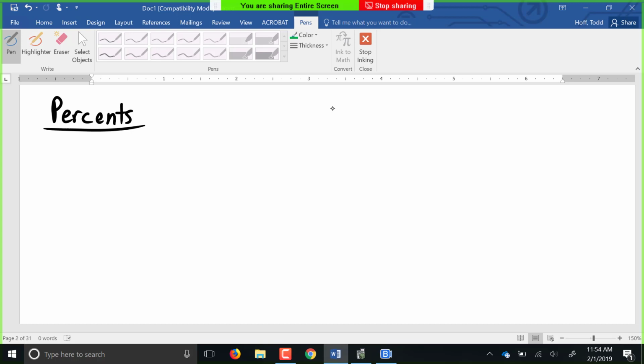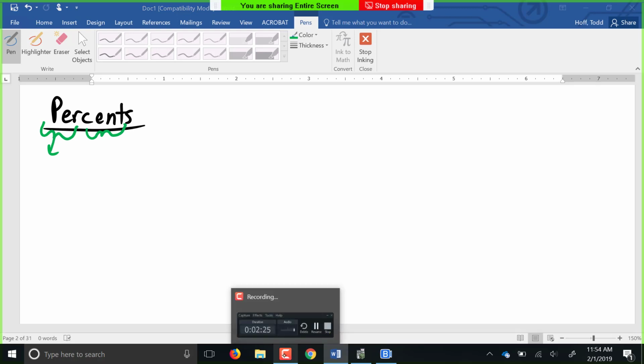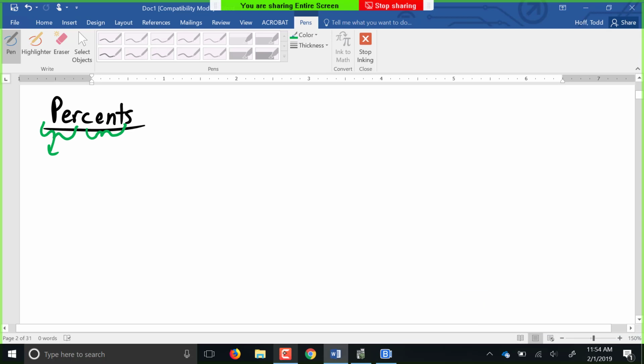To understand percents, you first have to understand the word percent. It's actually two words, per and cent. Breaking it down, if you think of miles per hour, miles per gallon, dollars per hour, per means for each or out of.